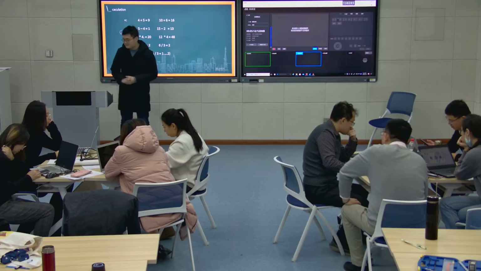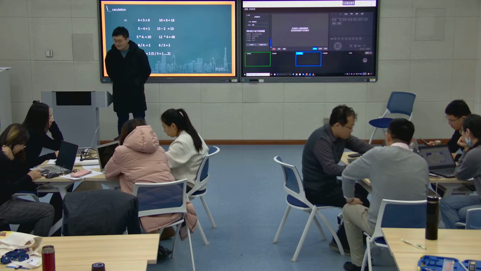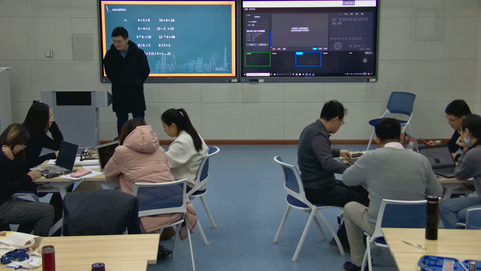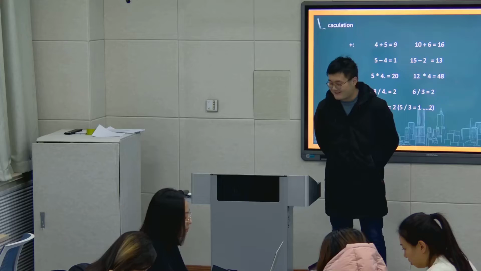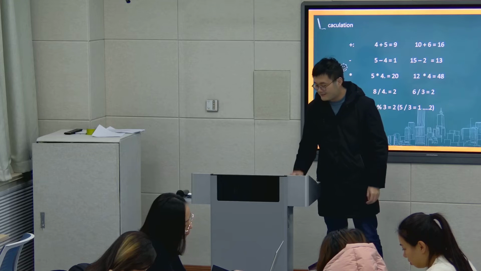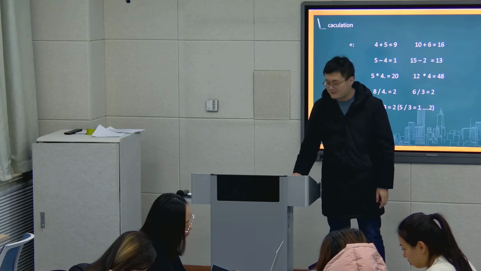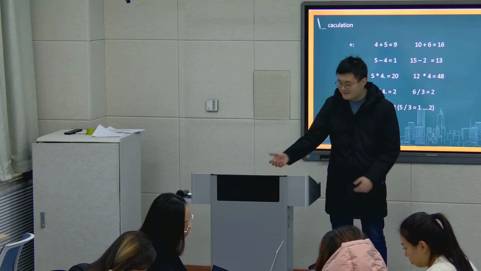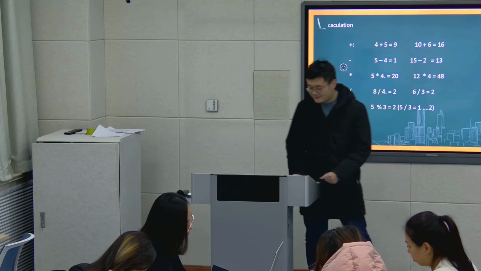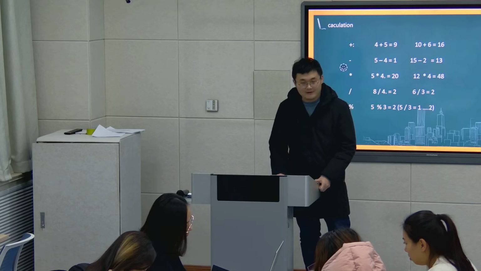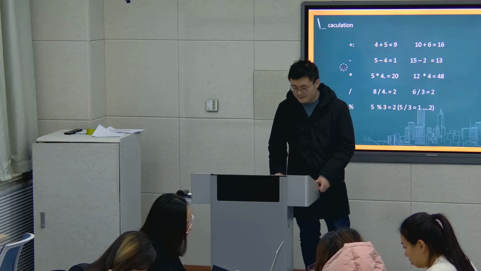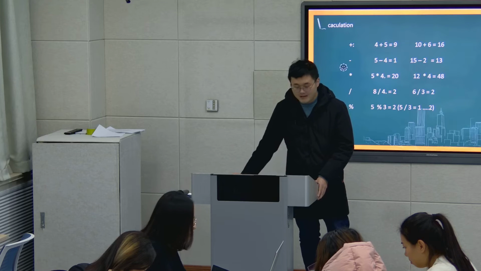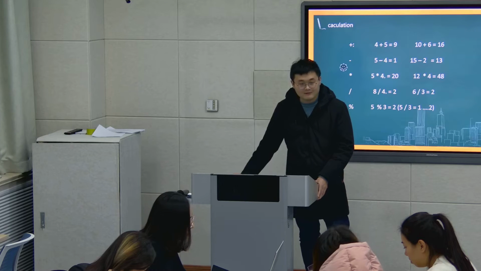The first is add, such as 4 add 5 equals 9, and 10 add 6 equals 16, right? It is easy to understand, and we always use it. And minus: 5 minus 4 equals 1, and 15 minus 2 equals 13, right?